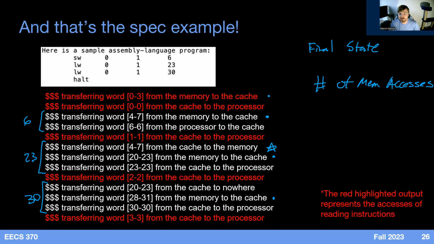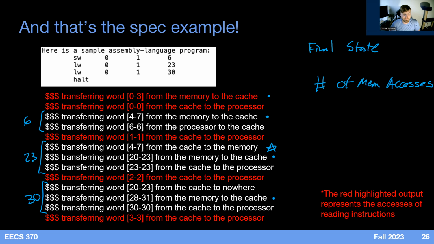Now, like I said, we will print out the final state. The final state is the same as Project 1S with one exception. This will contain the actual contents of DRAM up until either the highest address that was present in our machine code, our input to the simulator, or the highest address that we wrote to.